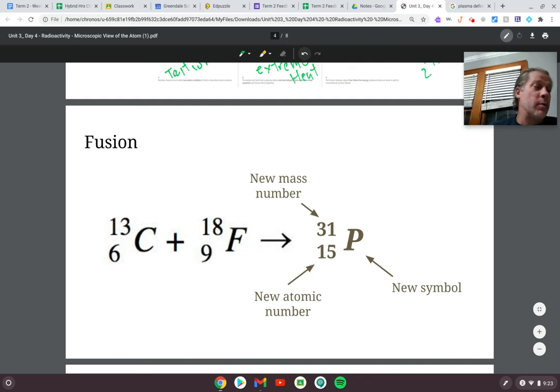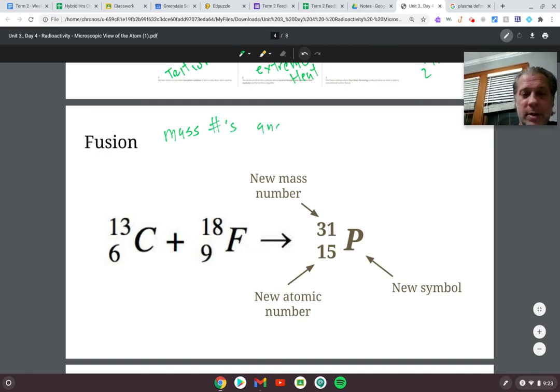When we're balancing these types of equations, we have to keep in mind that mass numbers and atomic numbers must be equal on both sides of the arrow.